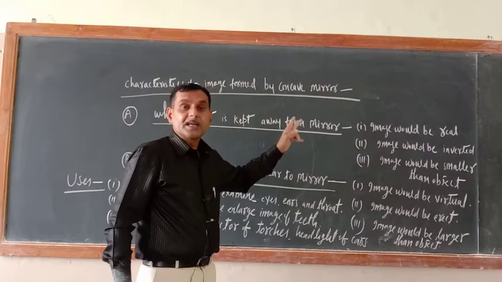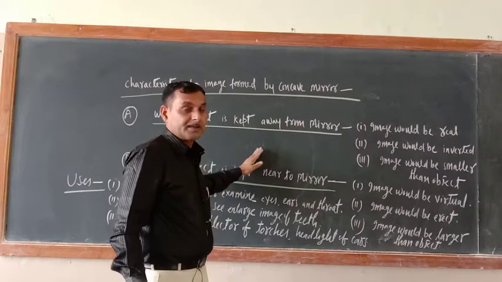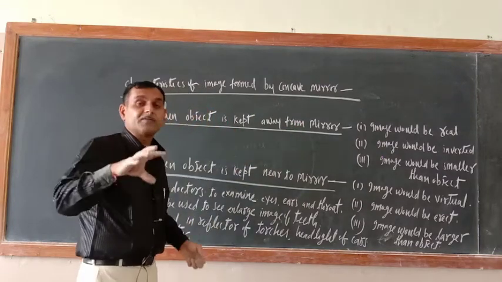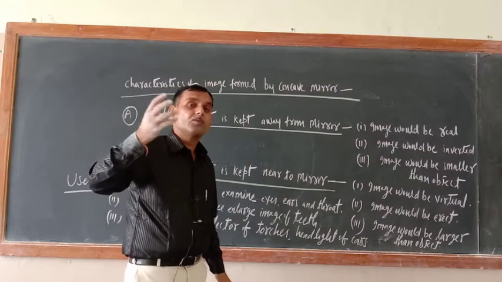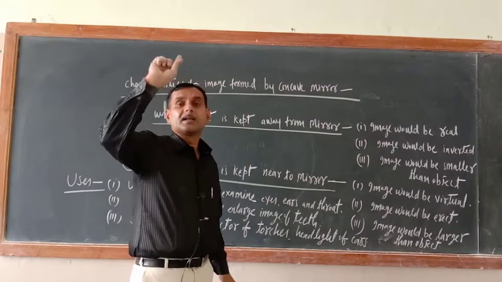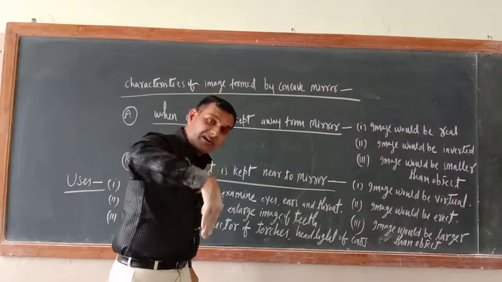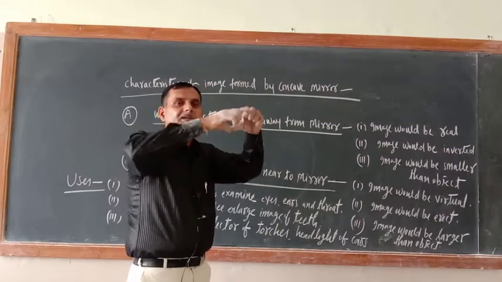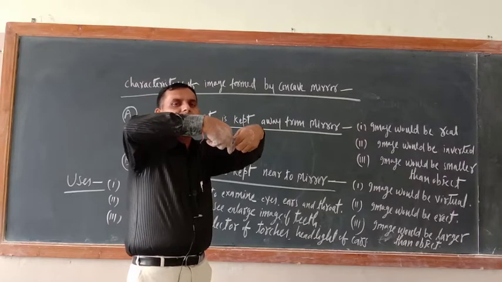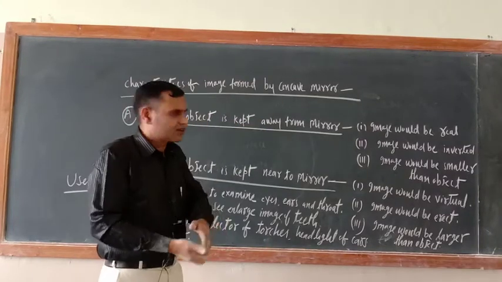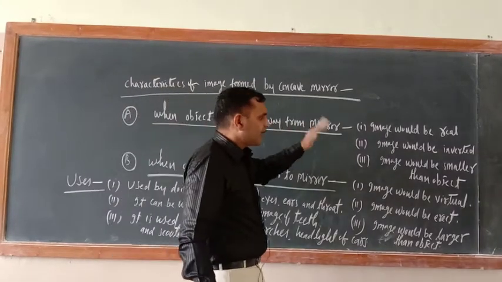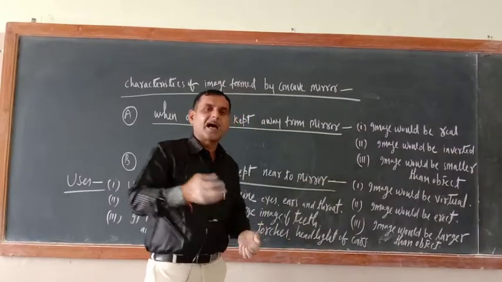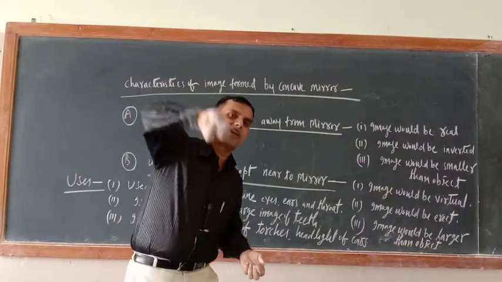The second is that the image would be inverted if it is away. What is the meaning of inverted? The burning candle's image would be inverted, ulta. The flame would be like that, not like that. Are you getting my point or not? The image would be inverted, as if somebody has inverted the burning candle.